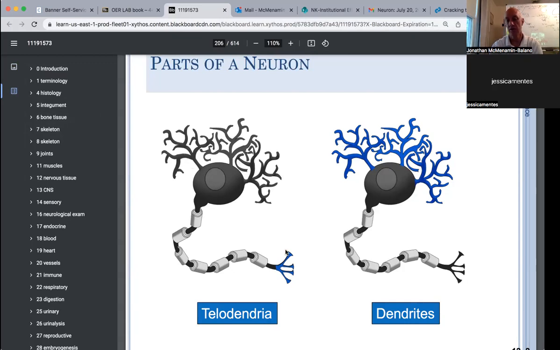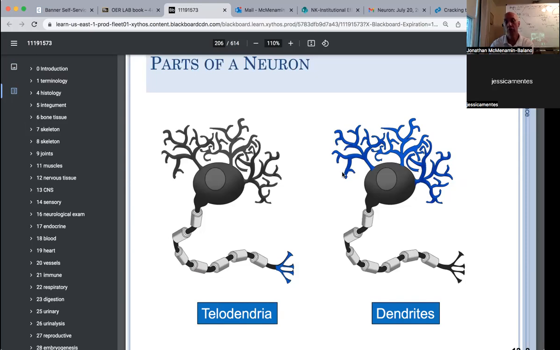The telodendria are these things we're going to make synapses with, and that's a word I've used a few times now, right? The synapse that's formed at a neuromuscular junction is the end of one of the axons of a neuron, and in the case of lab, that was that lower motor neuron. How cells collect information is through these structures called dendrites, okay?